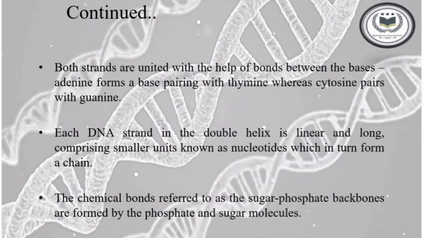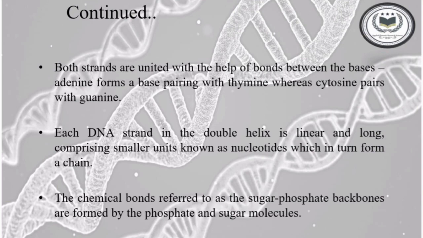As we have discussed earlier, DNA is made up of two polynucleotide chains, so it can also be called a polymer because it is made up of smaller units, which in turn form a chain of nucleotide bases and then form the double helix structure, which is linear and long.